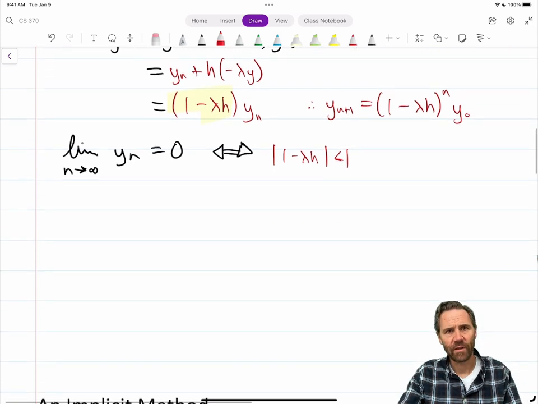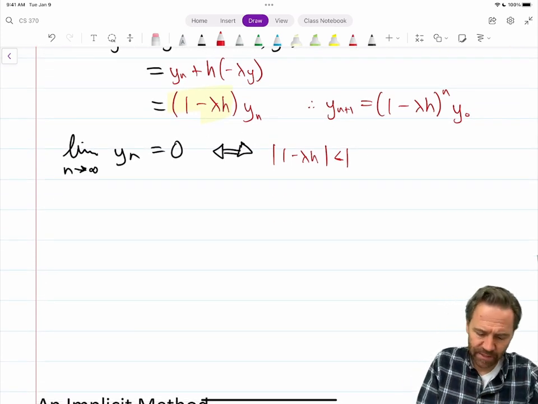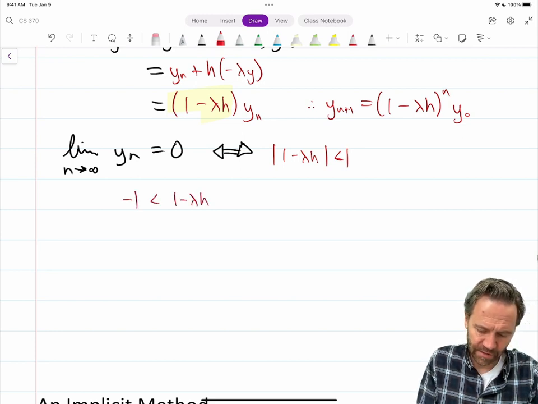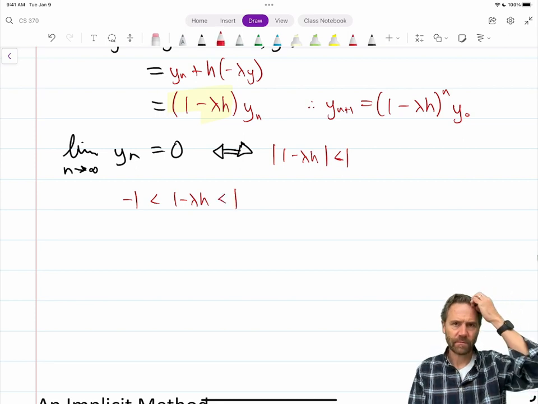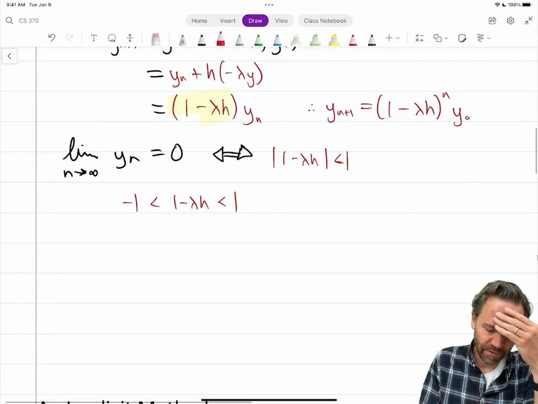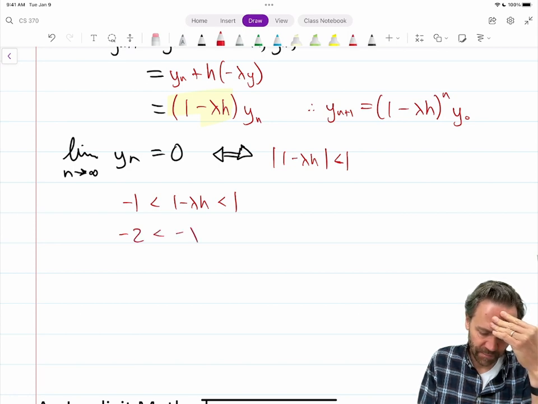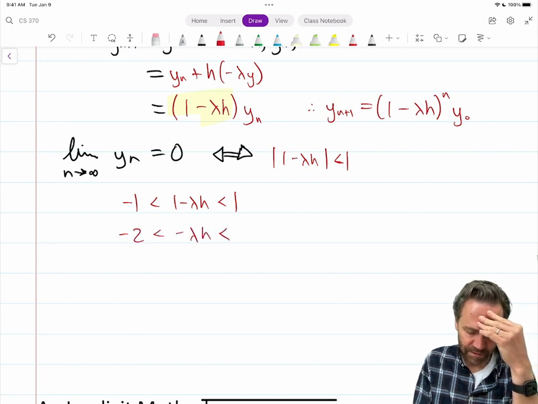So let's look at that. That means that negative 1 is less than 1 minus lambda h, which is less than 1. Or let's move this 1 out of here, subtracting 1 from everything. So we get minus 2 is less than negative lambda h, which is less than 0.